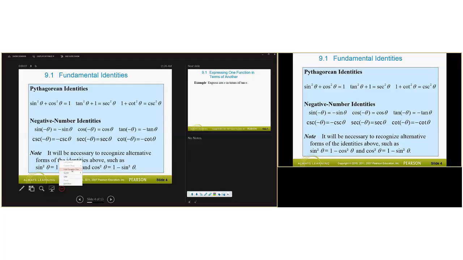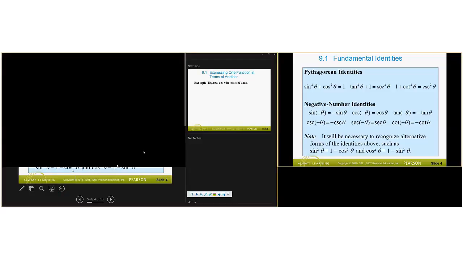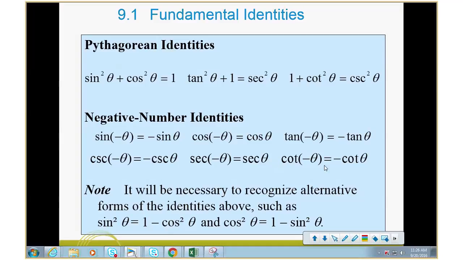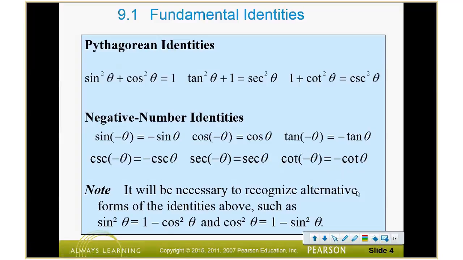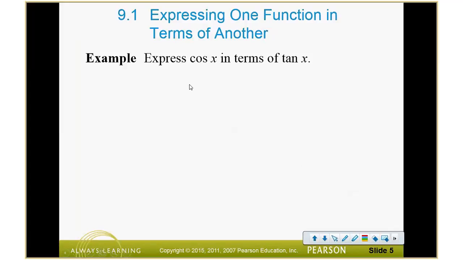I'm trying to learn this PowerPoint system. I have to change it to a whiteboard.